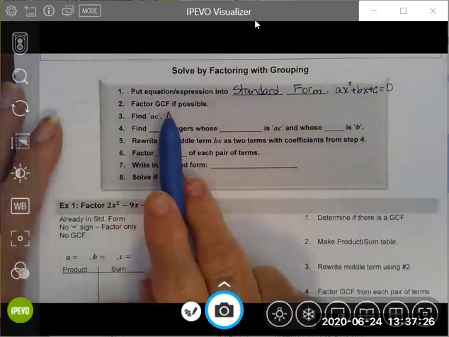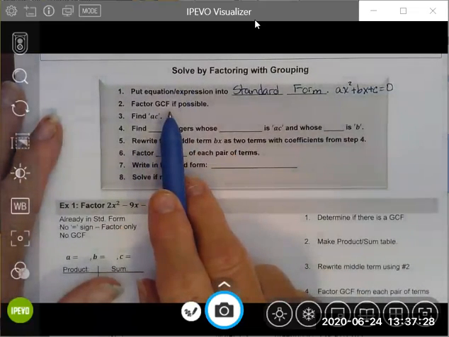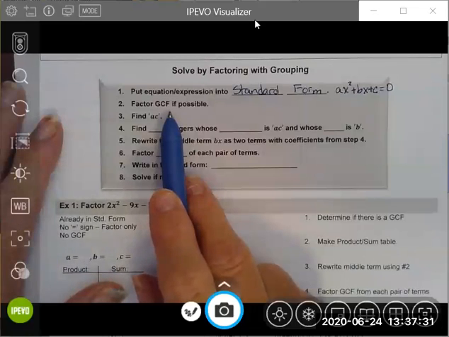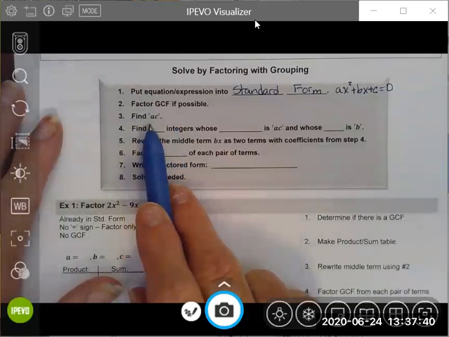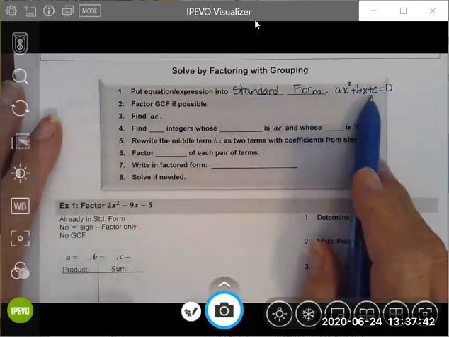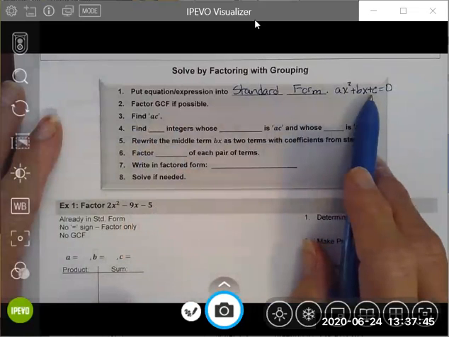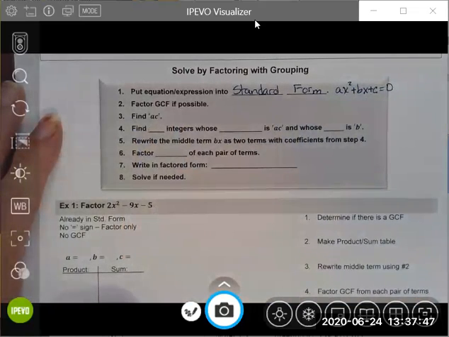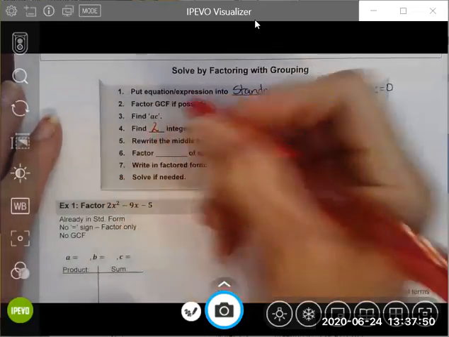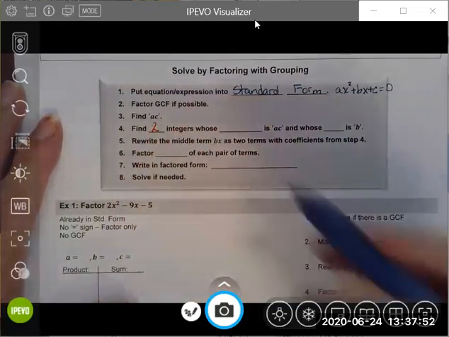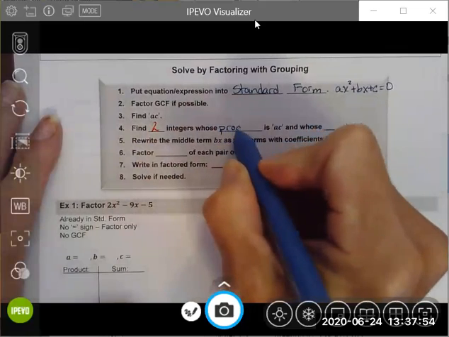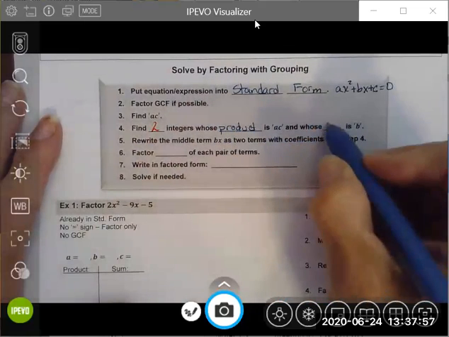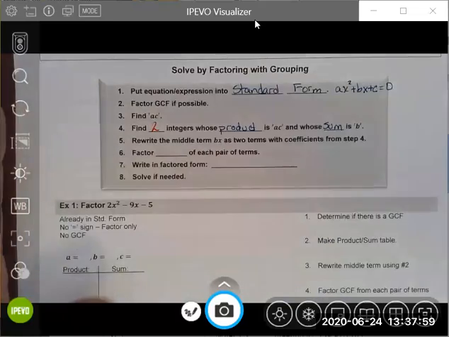We talked last class about how it's always a good idea to factor out the GCF if possible. If there's not one, then there's nothing you can do there. But if you can simplify things by just dividing by 2 and making your numbers smaller, please do it. It's so much easier. The next step is we are going to multiply a times c to get a product, and then find the two integers whose product is a times c and whose sum is b.